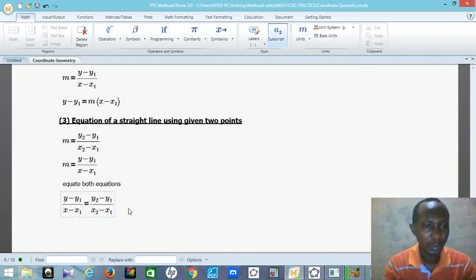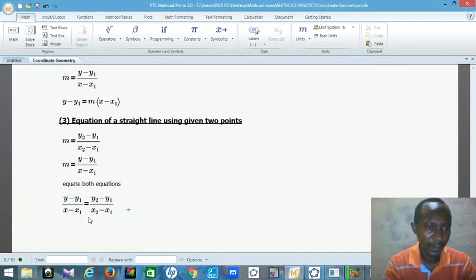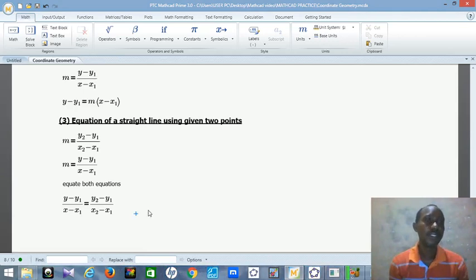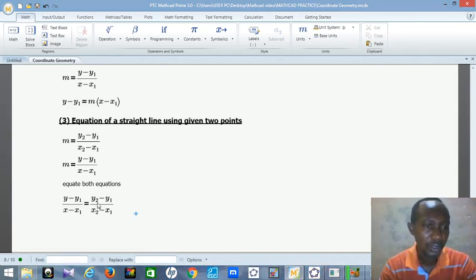So this is what we are talking about. So when 2 points are given, you can use this to get the equation of the line. The next thing is you solve down and represent it in the form that the question wants you to do it. So when 2 points are given, this is the formula you use to calculate the equation of the line.